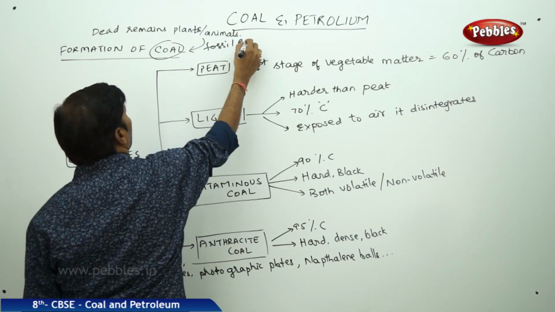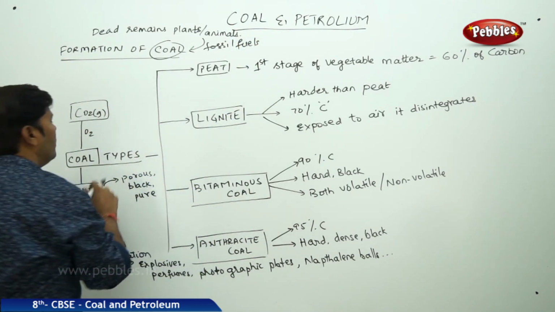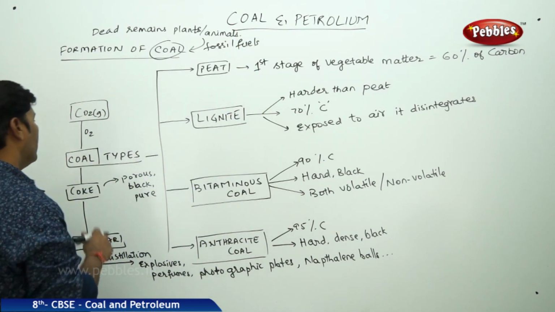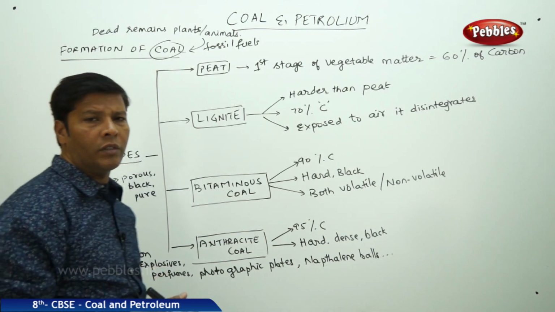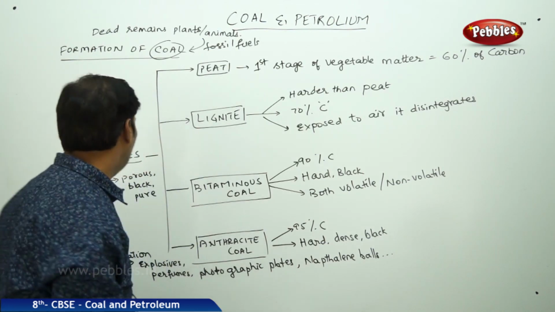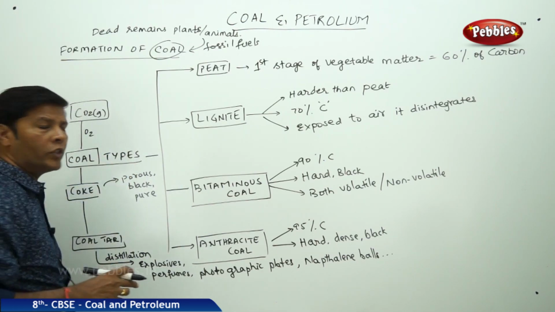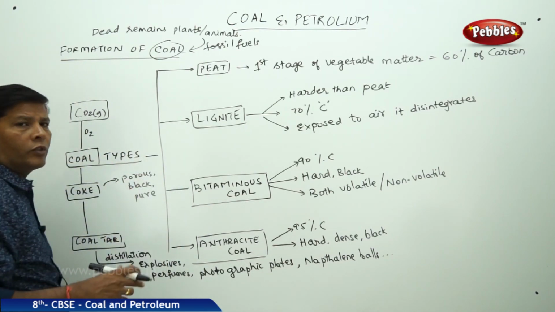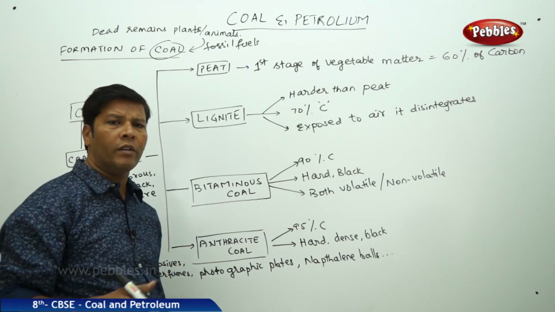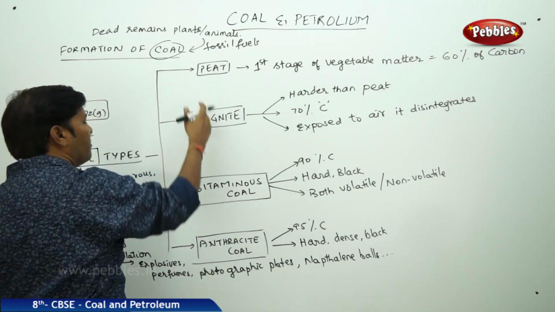This coal is subjected to decomposition, and this coal which contains vegetable matter is subjected to decomposition. Once it is subjected to decomposition in the absence of air, then immediately it gives different batches.